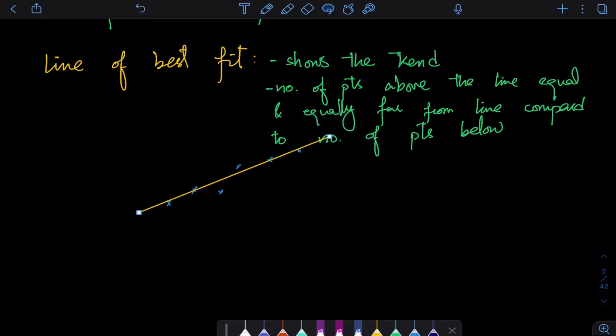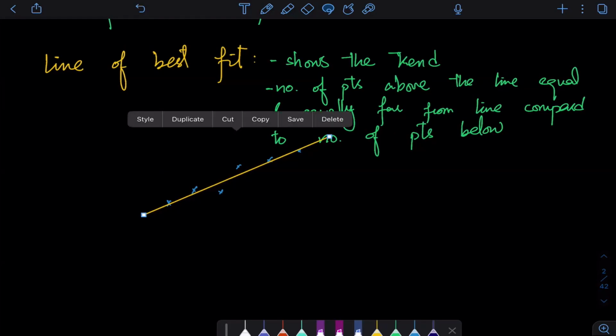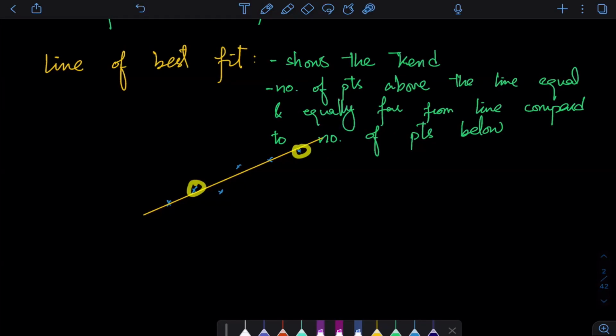So we should tweak it a little bit, probably make it something like this, I guess. Okay. Or it could also be something like this, I guess. And now it is more likely to be the line of best fit because there is 1 point above, 1 point below equally far, and 1 point below and 1 point above equally far. So this is again line of best fit.